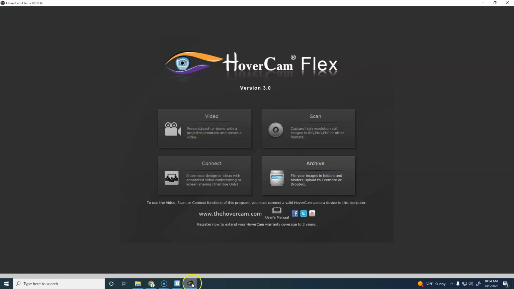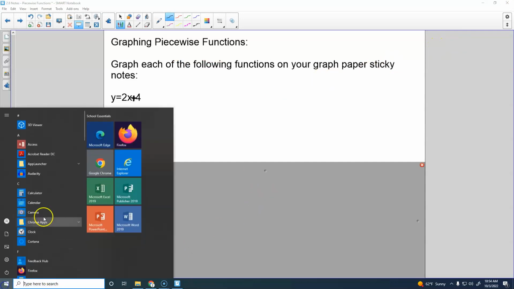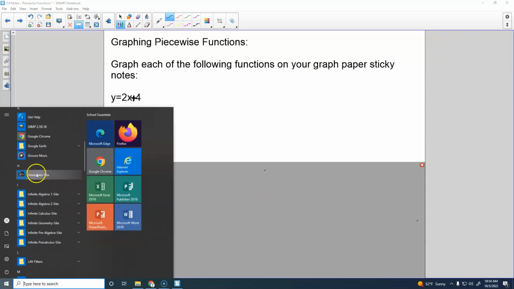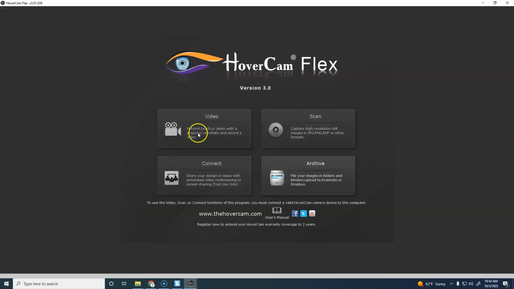Well, it's freezing on me. I think I clicked on it twice and now it's upset with me. Come on. Why is this not working? It's okay.